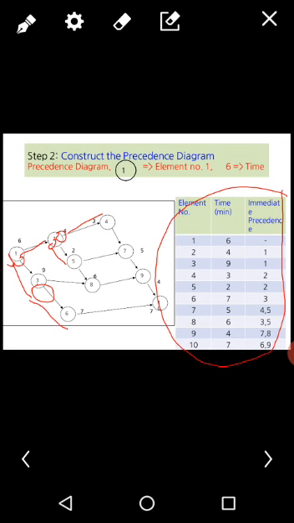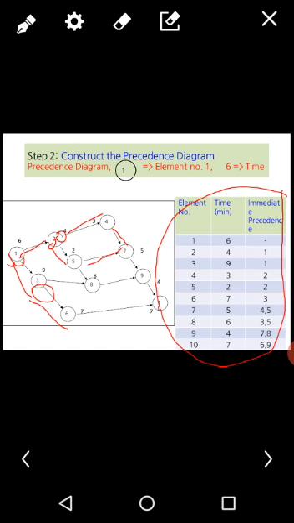And for element number 7, now we need to construct it, and its precedence is 4, 5. Already you drew element 4 as well as element 5. So from precedence 4 as well as 5, it will become 7.